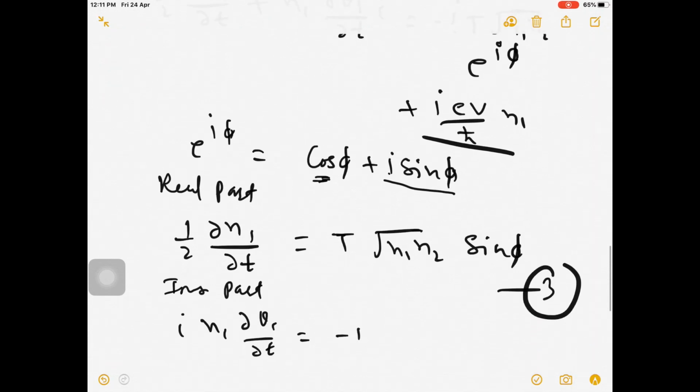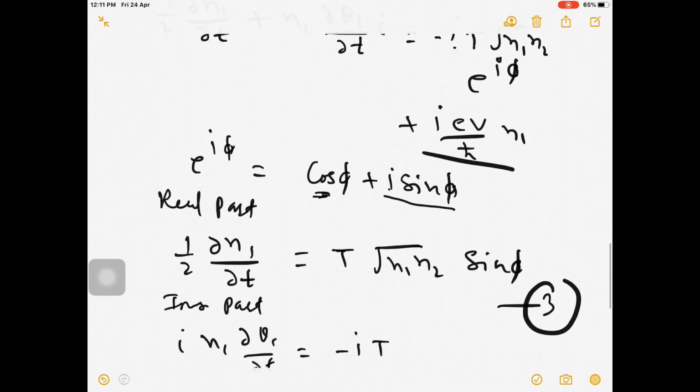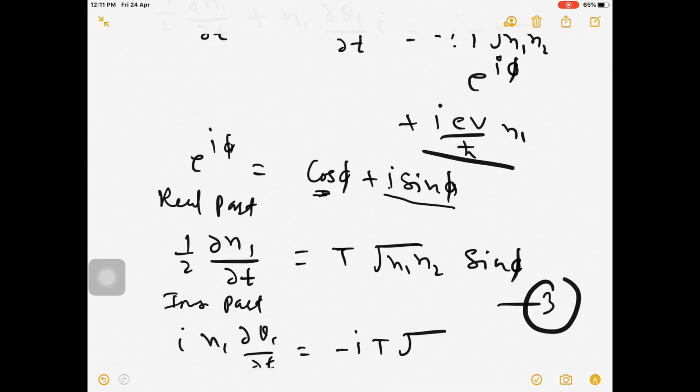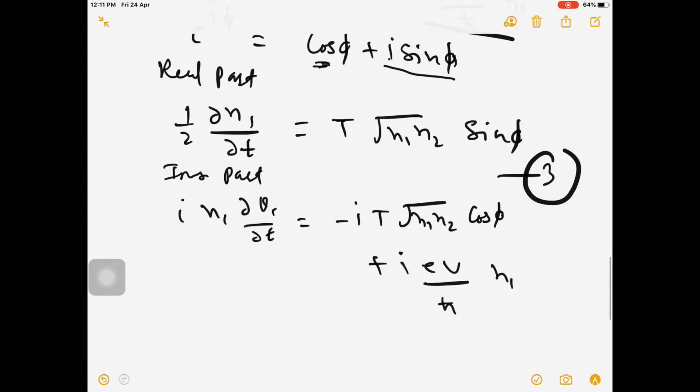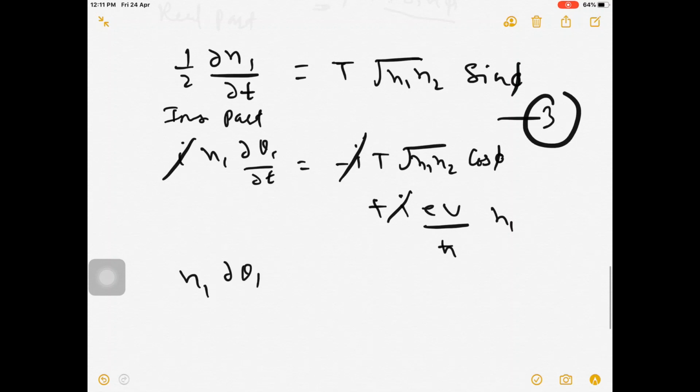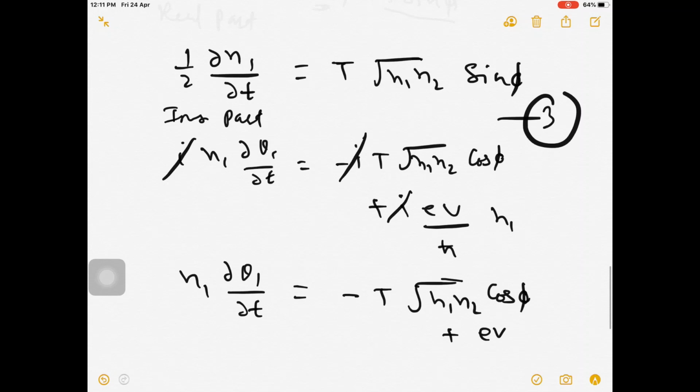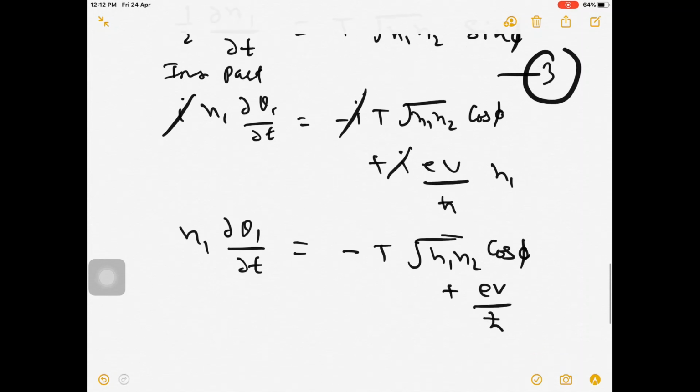So this is nothing but minus iota T under root n1 n2 cos phi plus iota eV upon h cut n1, and I can delete iota, so I will get n1 del theta 1 by del t equals minus T under root n1 n2 cos phi plus eV divided by h cut n1, and this is equation number 4.